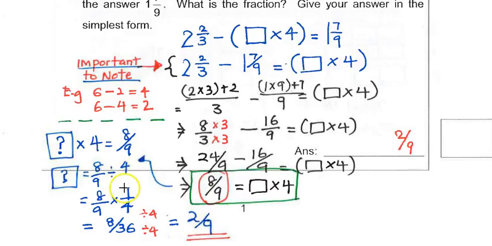Okay, see it very carefully. Divide by 4 over 1, so you change this into multiply. It is 8 over 9 multiplied by 1 over 4. You get 8 times 1, which is 8. 9 times 4, 36. Right? Divide both by 4, you get the simplest form.